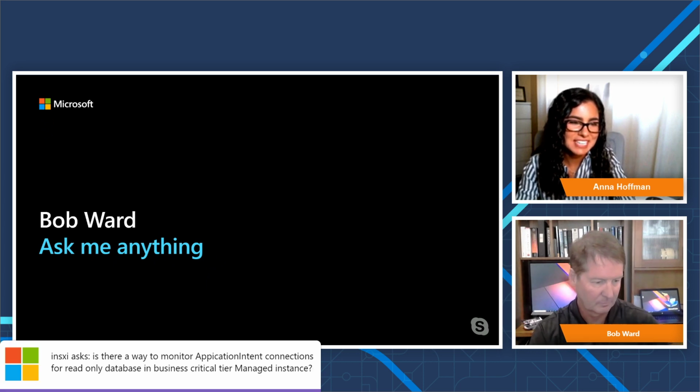The first question is, is there a way to monitor application intent connections for read-only databases in the business critical tier of managed instance? Let's go back and think about the monitoring capabilities we talked about, right? We said in monitoring, we have Azure interfaces and then we have SQL Server interfaces. As it turns out, you can do auditing to audit even things like connections, and this kind of property could be something you could look at.